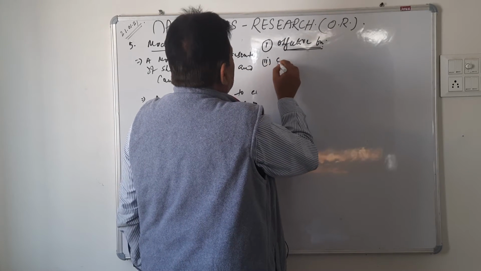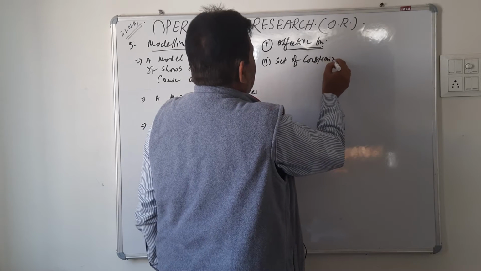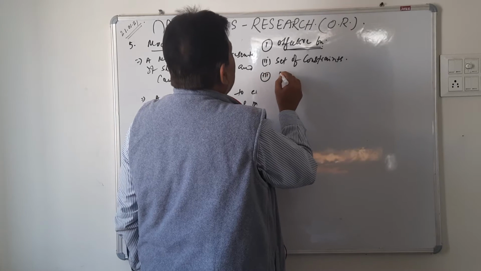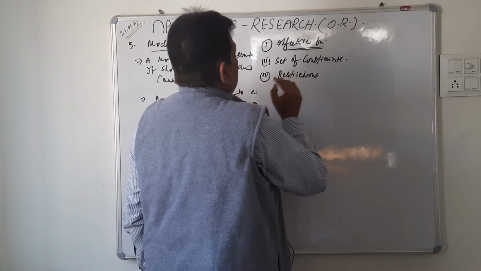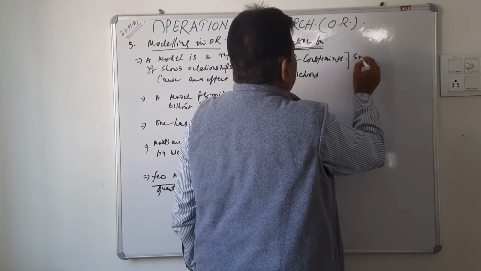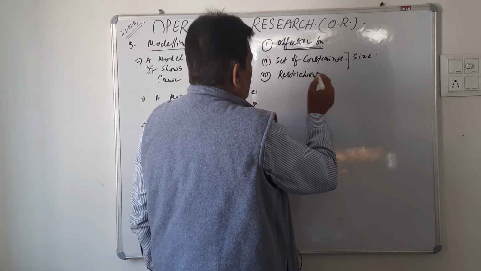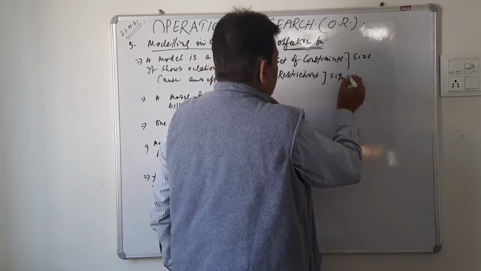Secondly, a set of constraints. And thirdly, restrictions. Now, the constraints put a restriction on the size of the decision variable, and this third one puts a restriction on the sign of the decision variable.